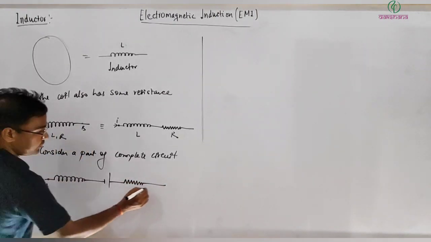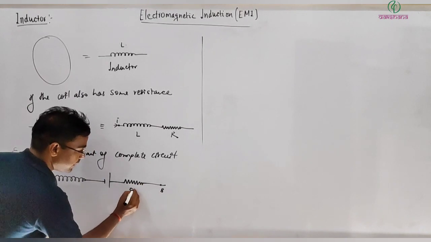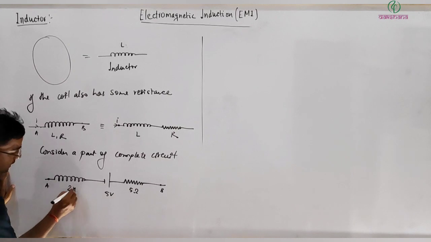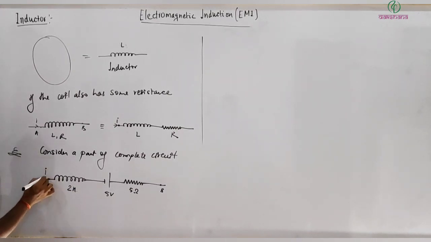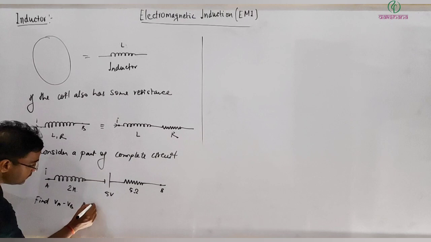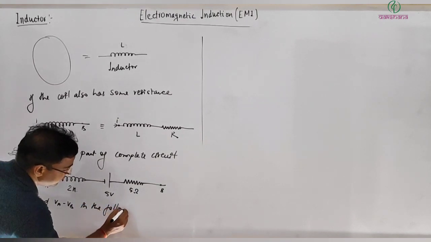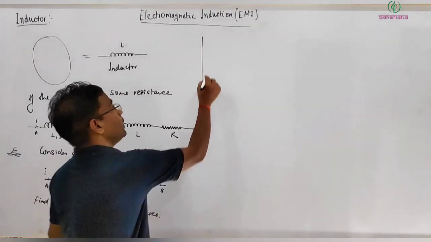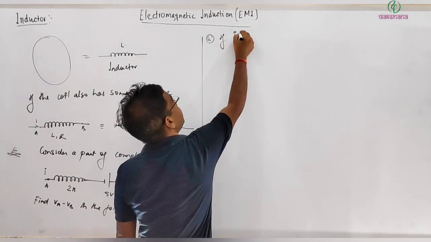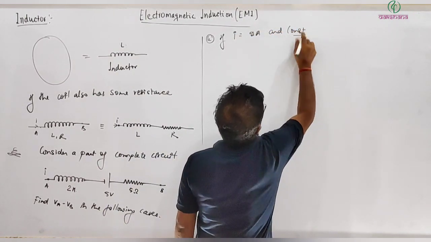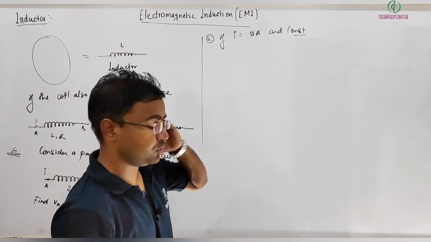Let's say A, this is B. It's 5 ohm, 5 volt battery, 2 Henry inductance and current I. And you are asked to find VA minus VB in the following cases. Case A, if I is equal to 2 ampere and constant. Clear? Alright.